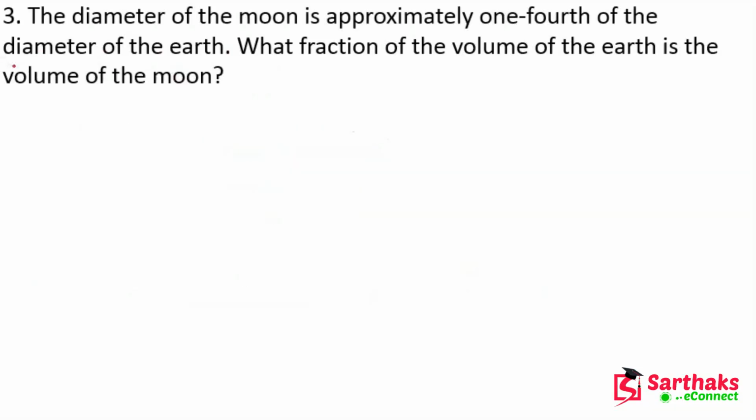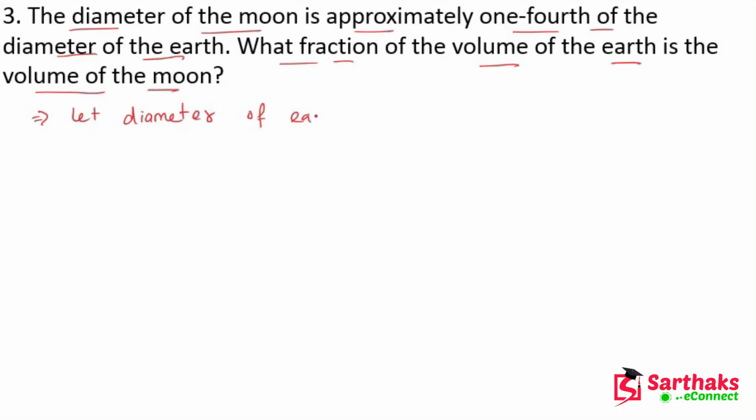So the next question is: the diameter of the moon is approximately 1/4 of the diameter of the earth. Now what fraction of the volume of earth is the volume of moon? Let's suppose the diameter of earth is equal to x.